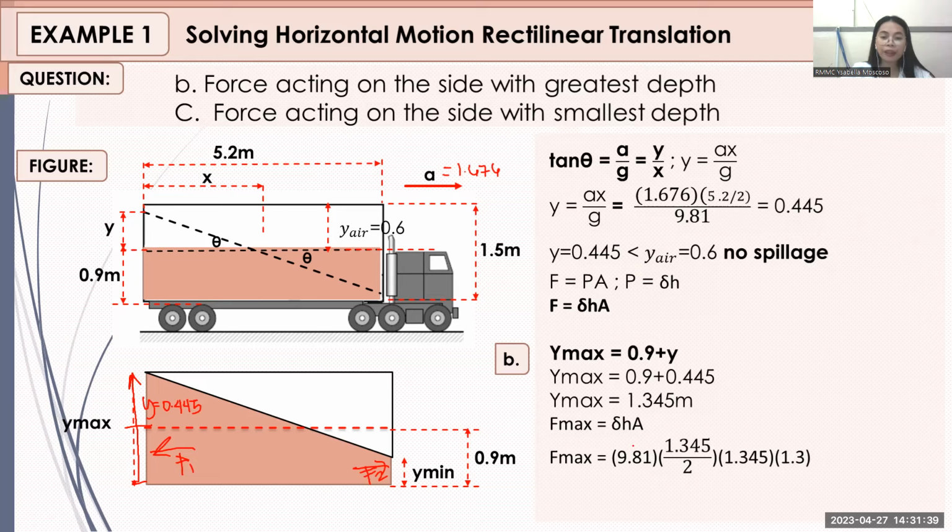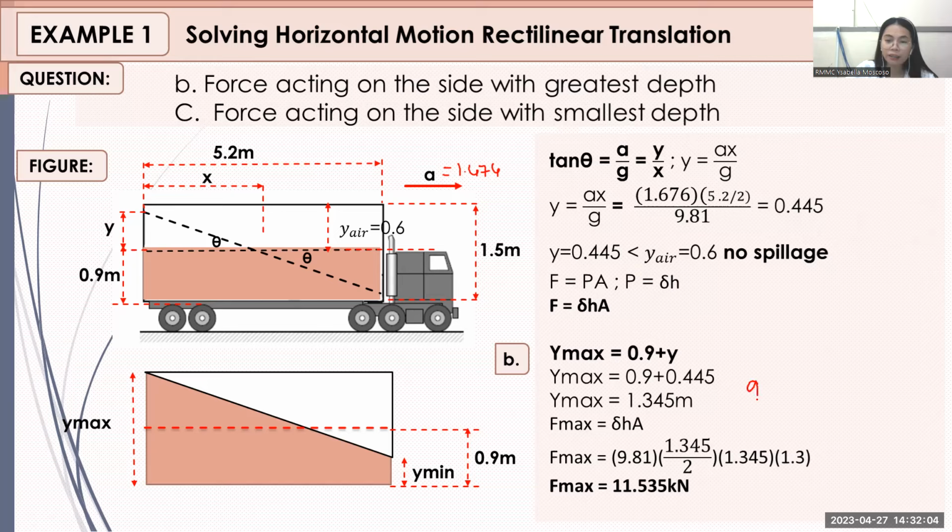So you have 9.81 times 1.345 divided by 2 times 1.345 times 1.3. So take note, this is the wide, or this is yung into the paper ninyo. So that is equivalent to 11.535 kilonewton. Okay, paano naging kilonewton to?